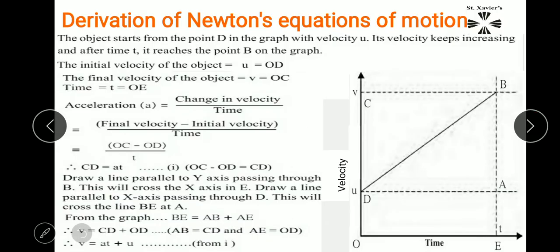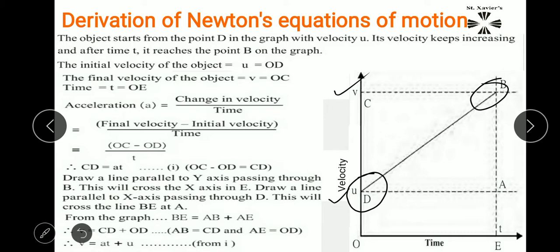Derivation of Newton's equations of motion will continue. Students, suppose we are having an initial velocity. See here, the object starts from the point D in the graph with the velocity u, and it moves till the point B with the final velocity v.